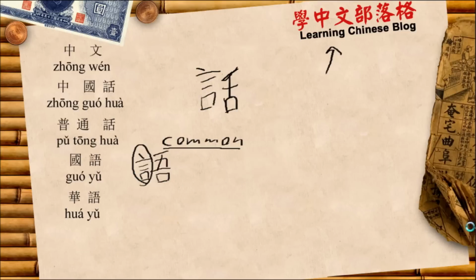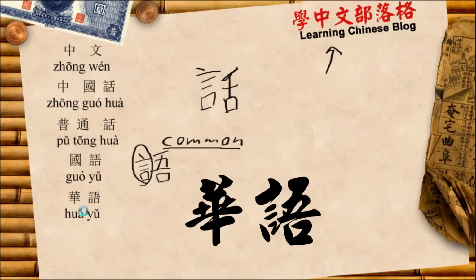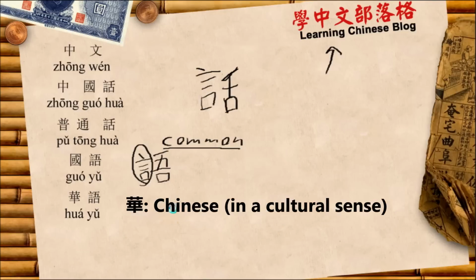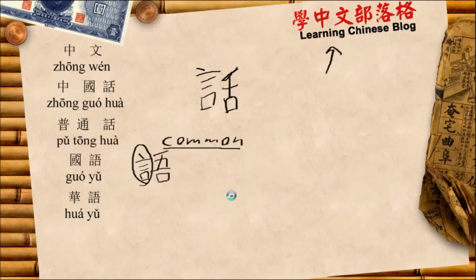And next we have 华语. Now we have this 华, and this is pretty common. It's a more formal way of saying Chinese, like Chinese in a cultural way. Anything related to Chinese culture, sometimes you'll see this hua.